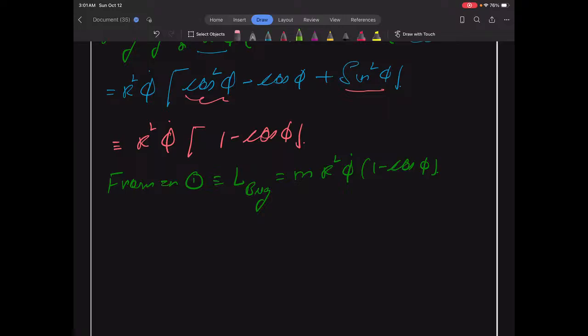Now we come to the final step, that is our conservation of angular momentum. Initially the bug was at rest, as well as the ring was at rest. So therefore we can say that the initial angular momentum associated with the entire system, that is bug as well as ring, was equal to 0.